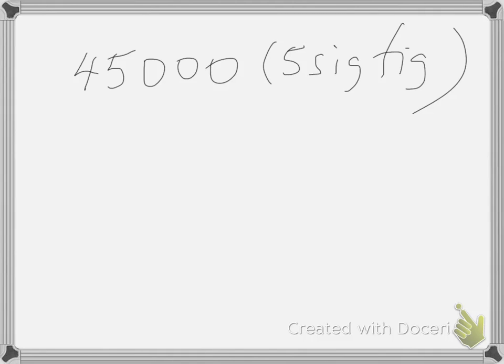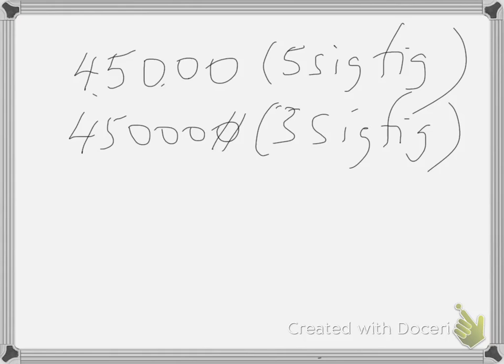If I somehow got a rough count and told you it was 45,000 to the nearest 100, there's 450 lots of 100, so that then is 3 sig figs.